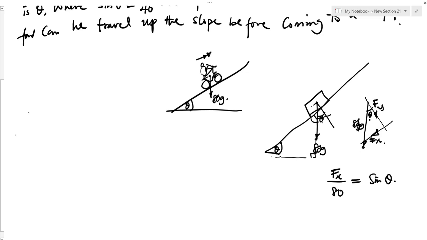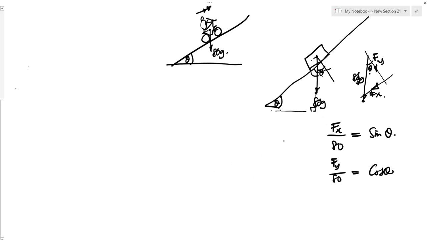And F subscript y over 80 is cos theta. This implies that F subscript x is equal to 80 g sin theta, and F subscript y is equal to 80 g cos theta.